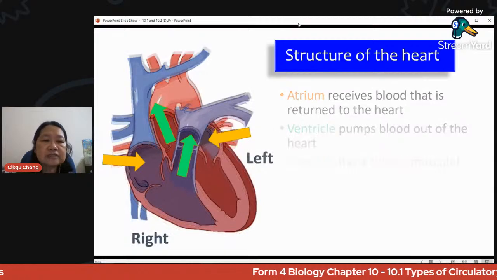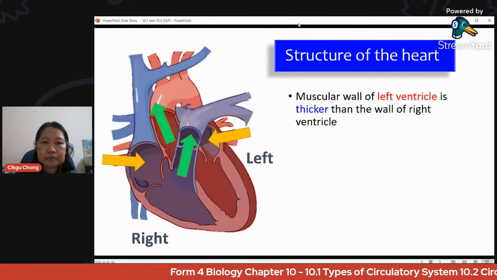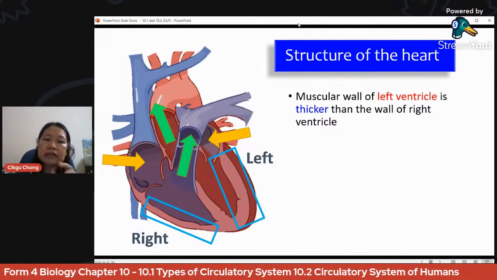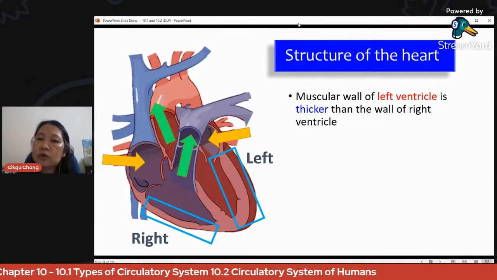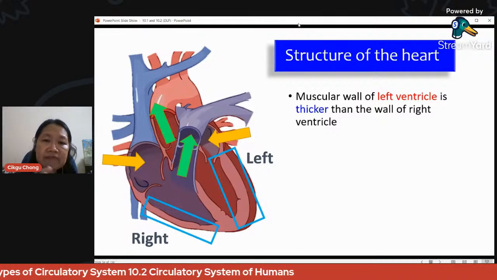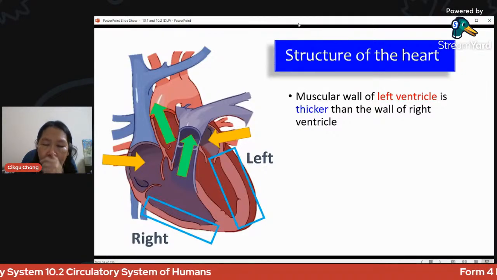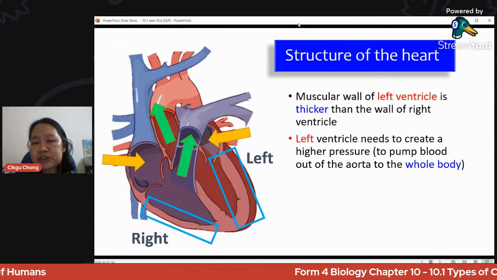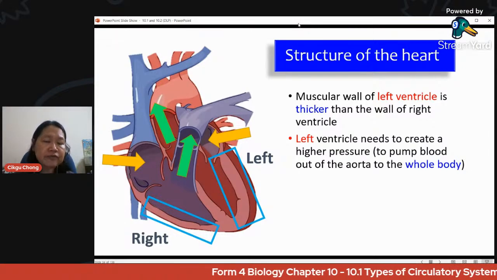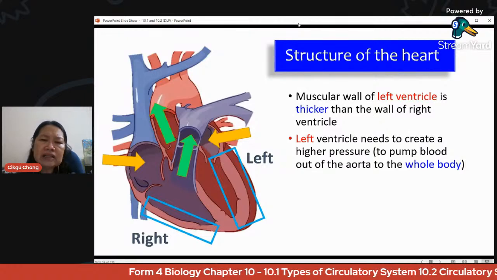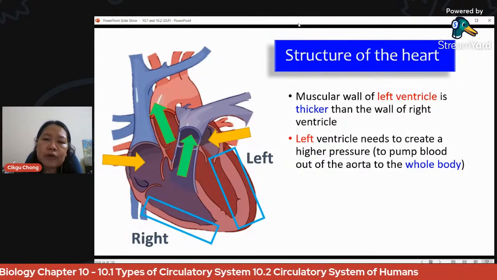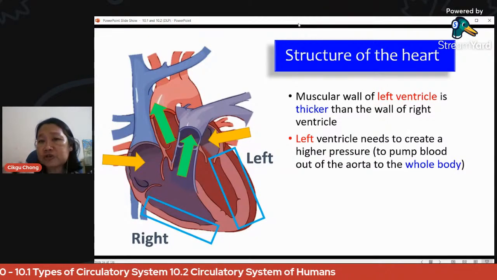Next, if you compare the muscular wall of the left and the right of the ventricle, there is a difference. The left side is always thicker than right side. The left ventricle needs to create a higher pressure. So if a recent question asks you why does the left always have to be thicker, thicker means it's stronger.